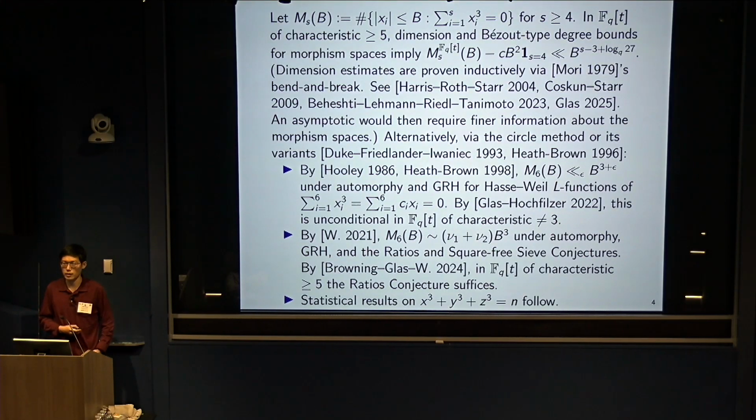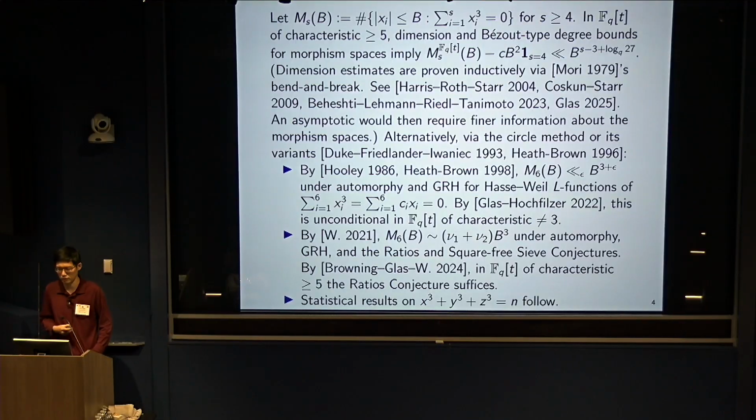And then it's natural to ask what you need to remove the epsilon and get an optimal result. So in my thesis work, I showed that you can get the expected asymptotic formula. So this features 2 main terms. One is a product of local densities, which is familiar in the circle method.